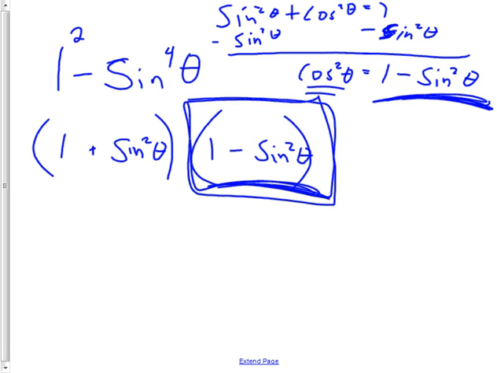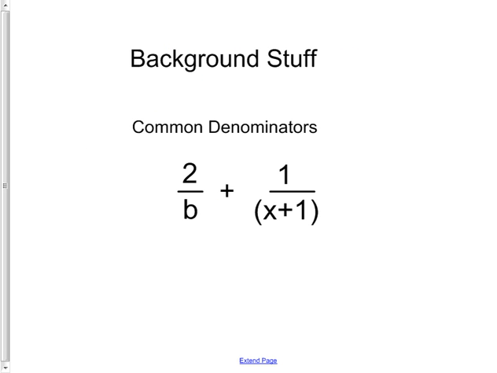All right? Okay. Moving on, other background stuff. Common denominators. You need to be able to make common denominators. We talked about this yesterday, so for just 2 seconds here, tell me, what would be a good common denominator for these? B times x plus 1, yes, which would be bx plus b. All right, so we'd have to multiply this one by x plus 1 and x plus 1, this one by b, and then I could add the tops and leave the bottom the same.